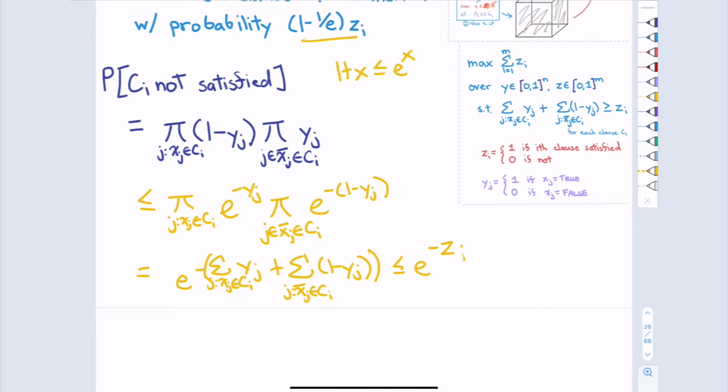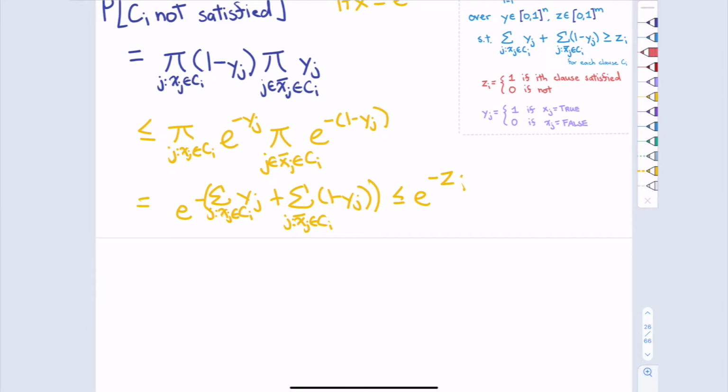Can anyone want to take a stab at it? All right, that's all right. So, in general, the function e to the minus x is a convex function.